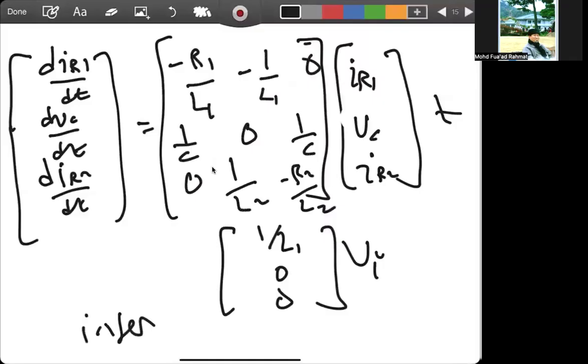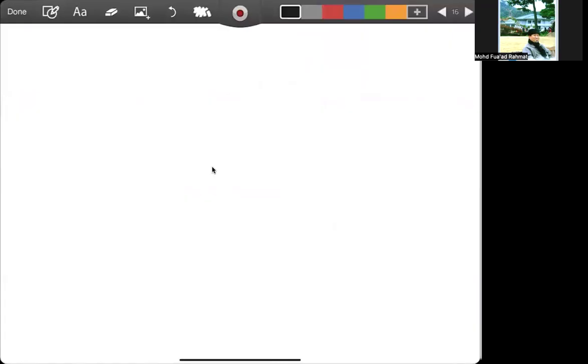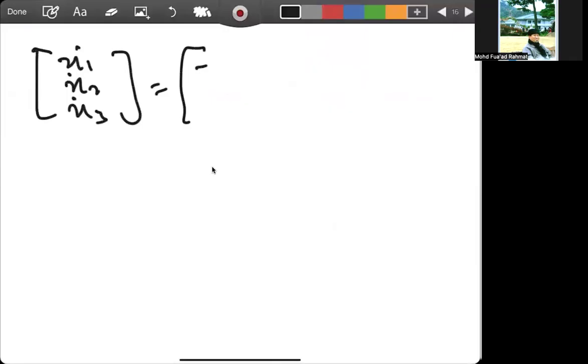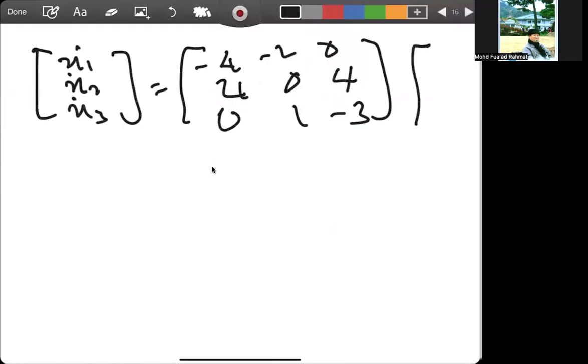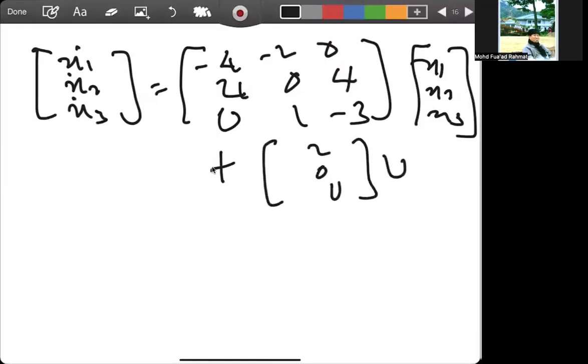Don't forget to insert the RLC values. So what you will get is -4, -2, 0, 4, 0, 4, 0, 1, -3, times x1, x2, x3, plus 2, 0, 0, 9.